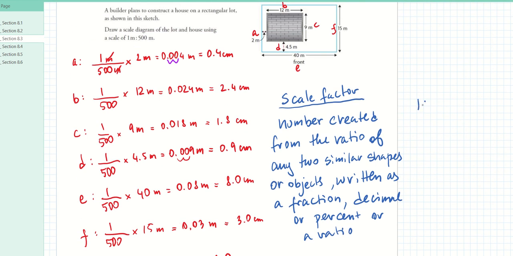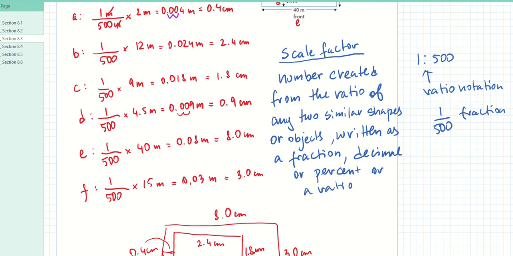When you have something like this, 1 to 500, this is called ratio notation, which is equivalent to 1/500 in fraction form. So this is fraction. And then when you actually divide 1 by 500, this is going to be equal to 0.002, which is decimal form, right?